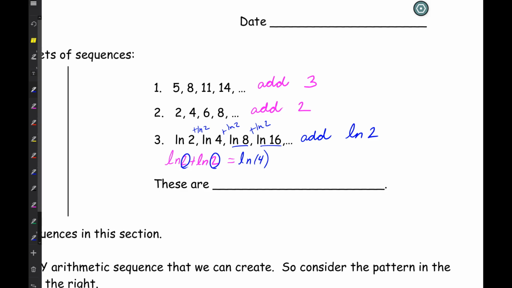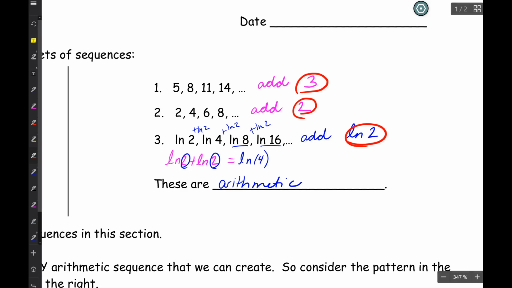These, what you just saw, are defined as arithmetic. The reason they're arithmetic is because you are adding what's called a common difference to get to each term. So all of these that we just found, the number 3, the number 2, the natural log of 2, the number that you add to get to each term is defined as the common difference.